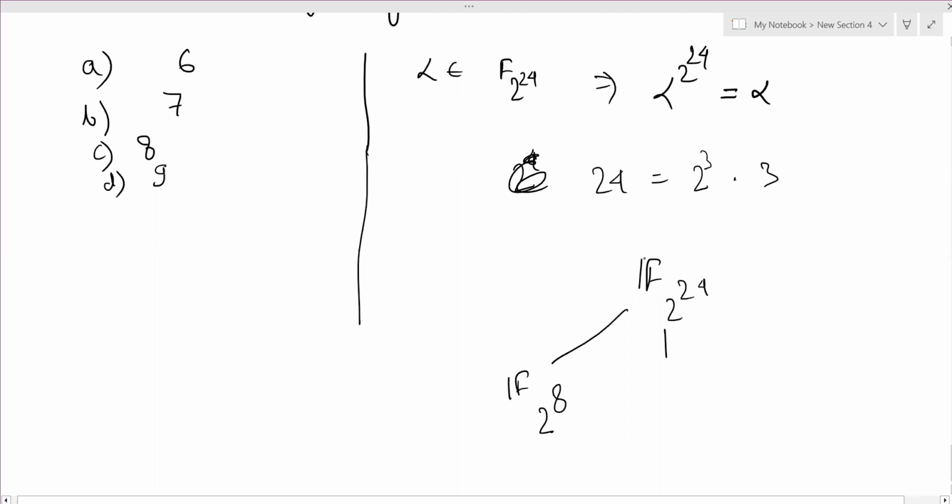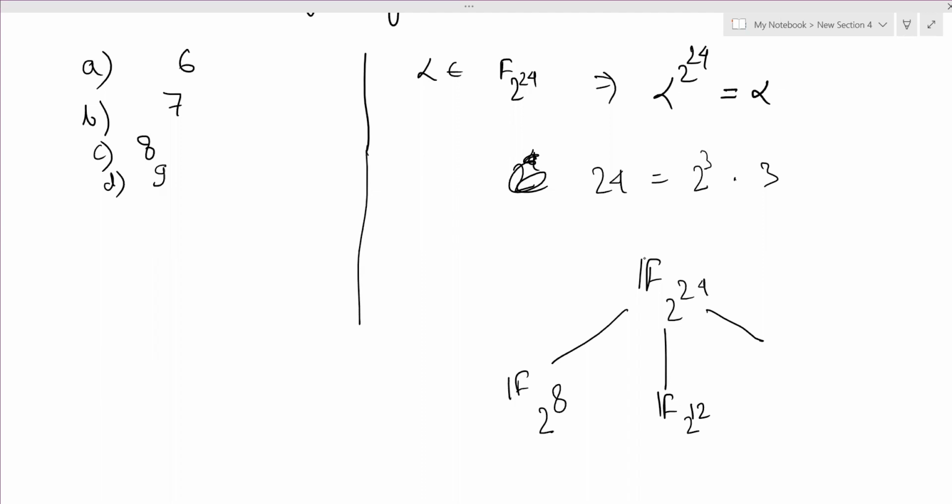Another possibility is 2 squared times 3, 4 times 3, F 2 to the power 12. What else?